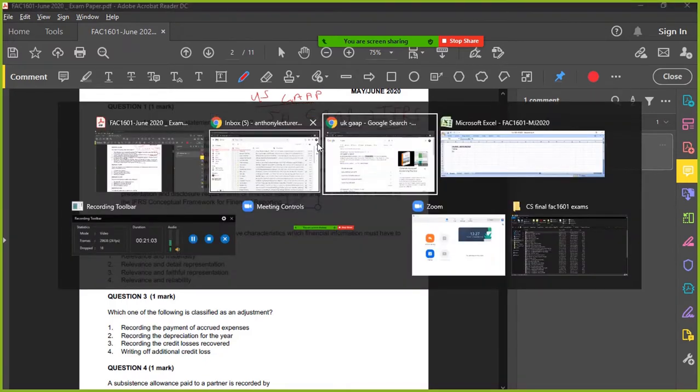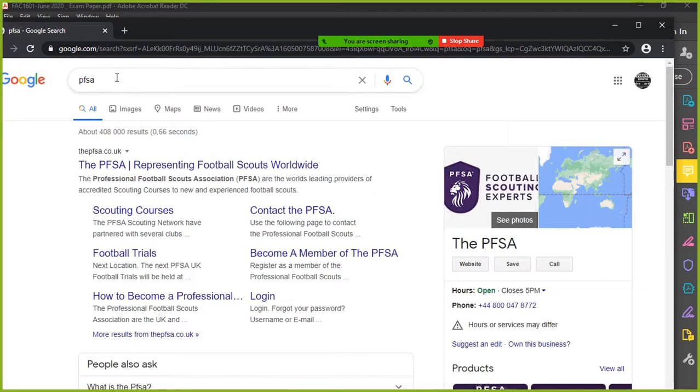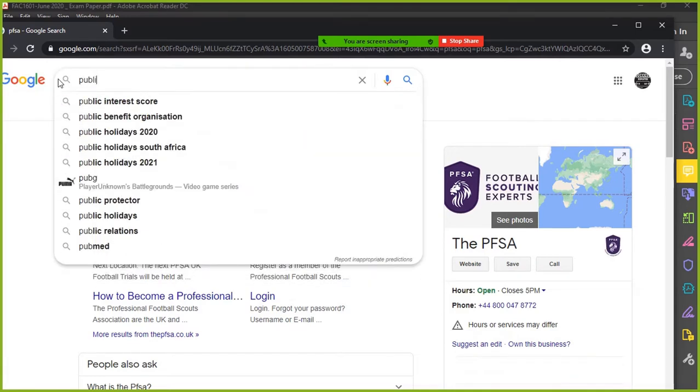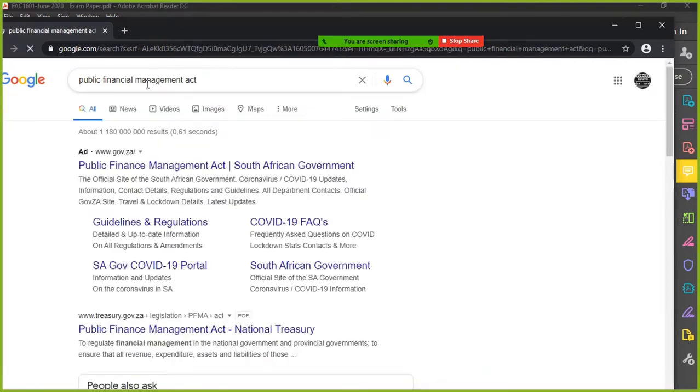I'll show you what it looks like. PFSA, something like that. Public reporting. Let's try that again. Public Financial Management Act. There it is. The PFMA. Here we go. Okay. I know because certain public institutions that have qualified audits, they have qualified audits because they aren't in line with the Public Financial Management Act.